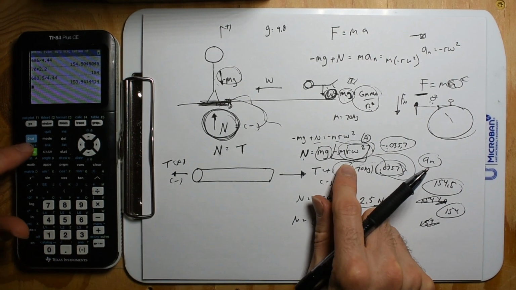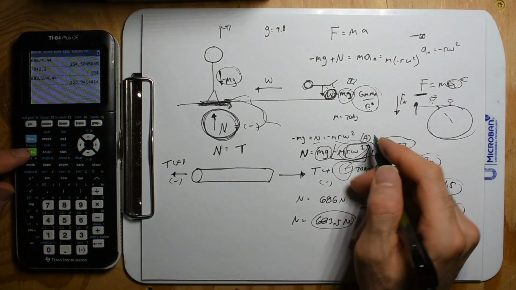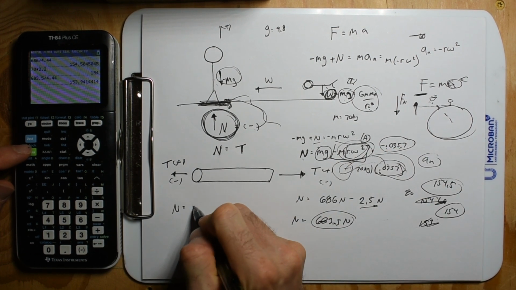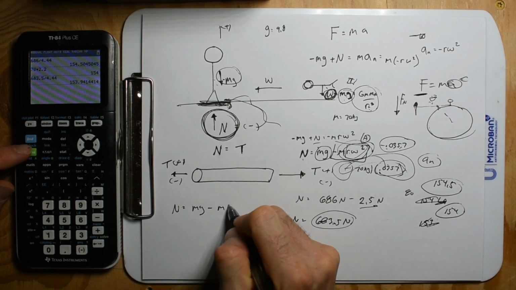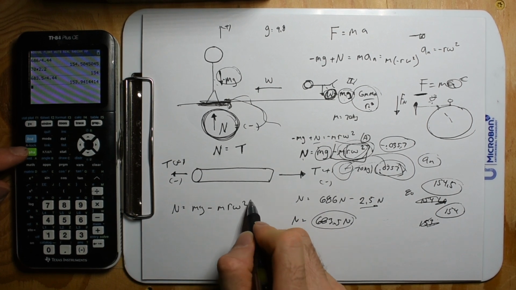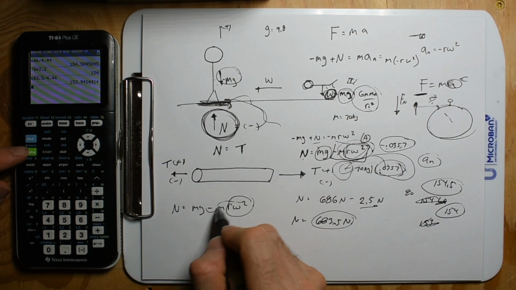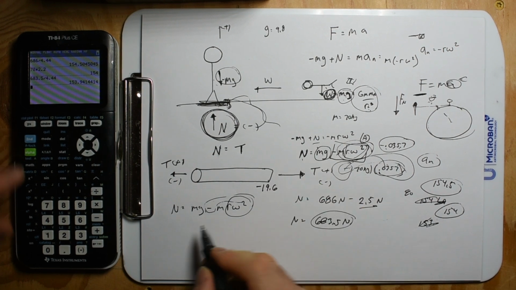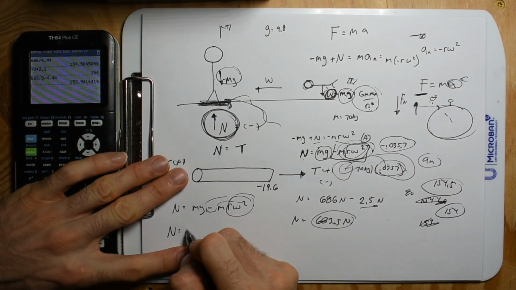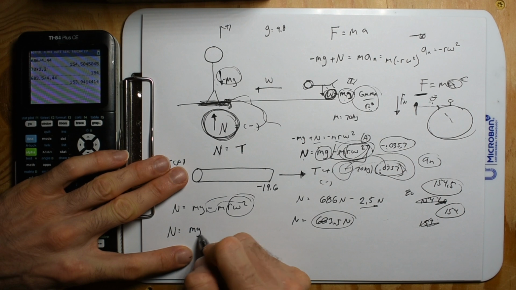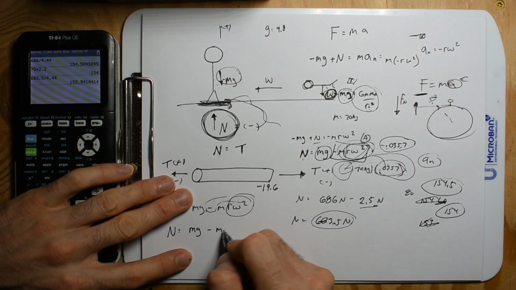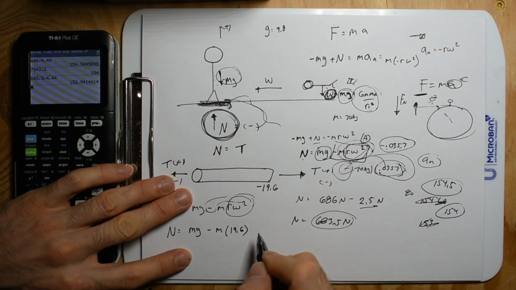Now, in the case where this acceleration is huge, we're going to have N is equal to mg minus m r omega squared. Now, this part plus the negative, we're going to say that's negative 19.6. So now we have N is equal to mg minus m times 19.6.